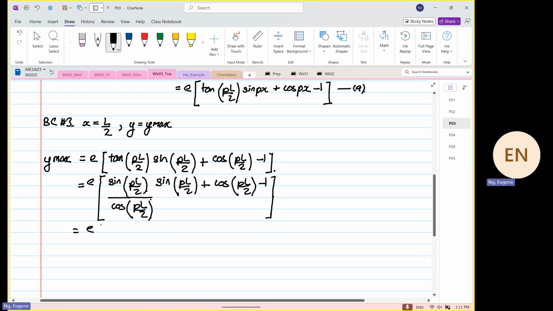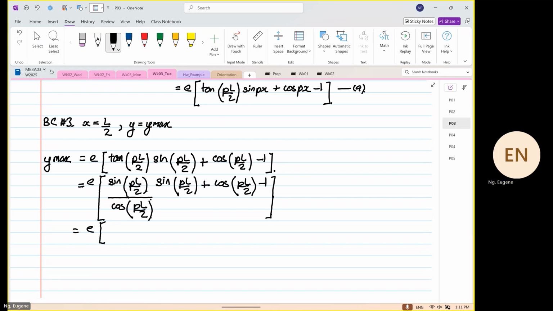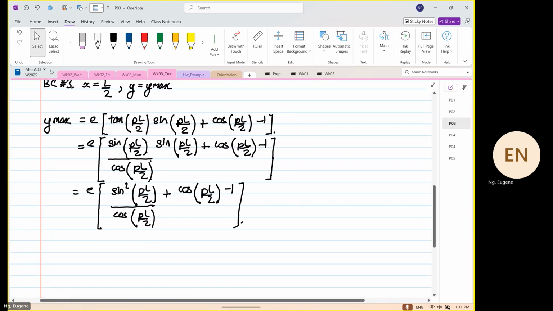So we have E. Now we have in the form sine squared P(L)/2 over cos P(L)/2. And then we have a plus cos P(L)/2. And then we have a minus 1. Okay.